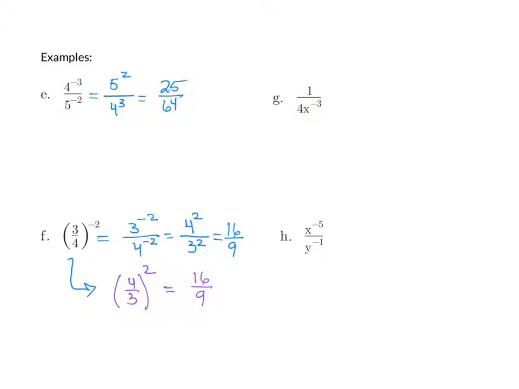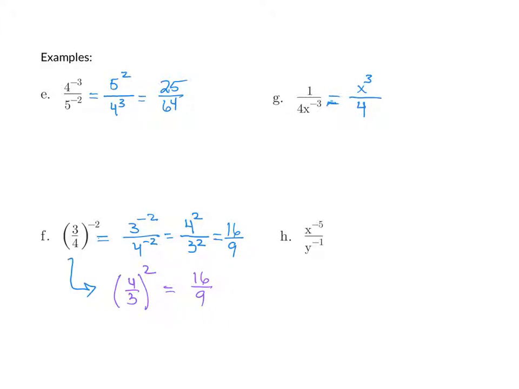So when we rewrite with positive exponents, it's only the x that is going to move, not the 4. So we are going to end up with x cubed over 4. And that's all we can do with it.